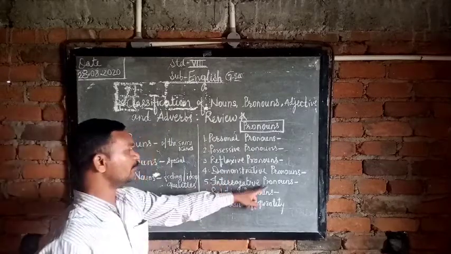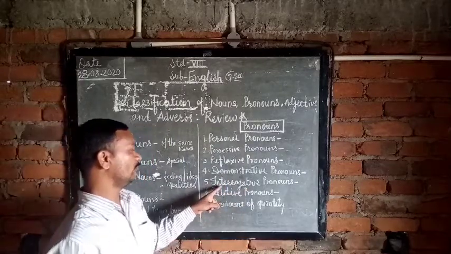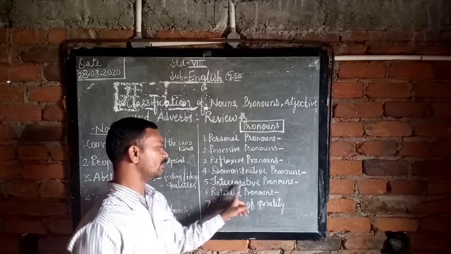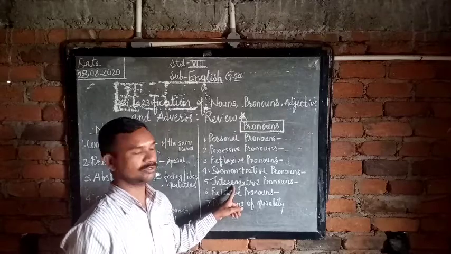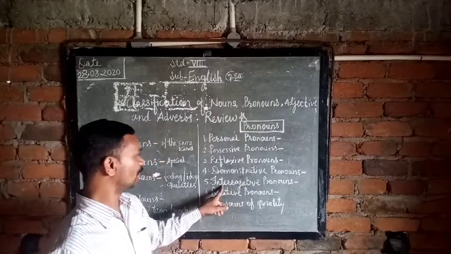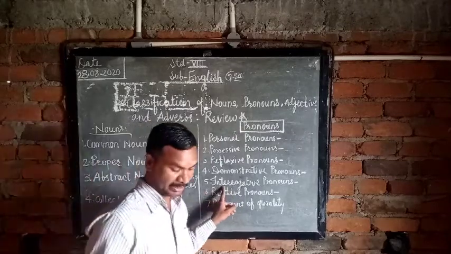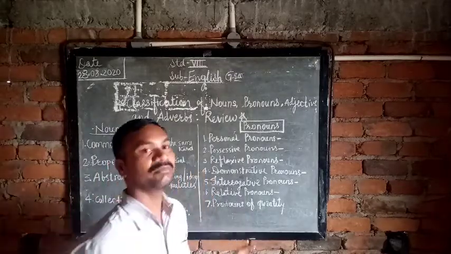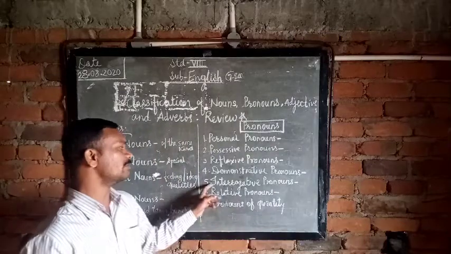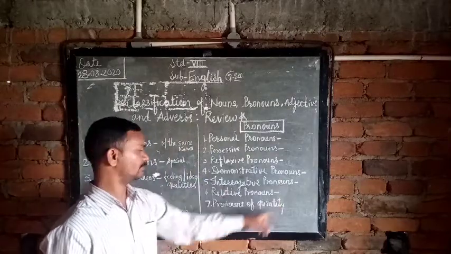Now interrogative pronouns. When we discuss interrogative, these words ask questions. So the WH words come here: what, which, who, whom, whose. These are examples of interrogative pronouns.